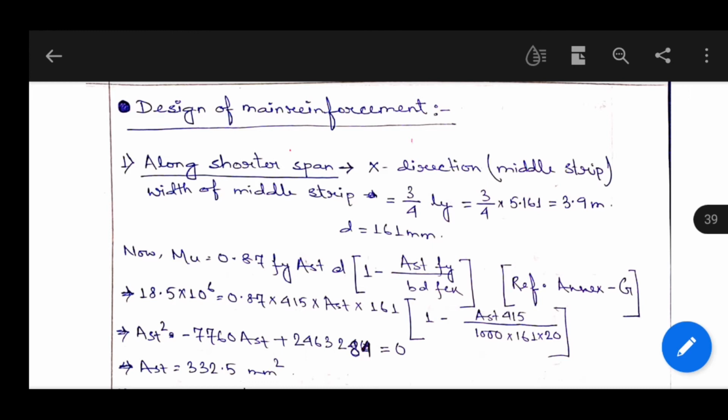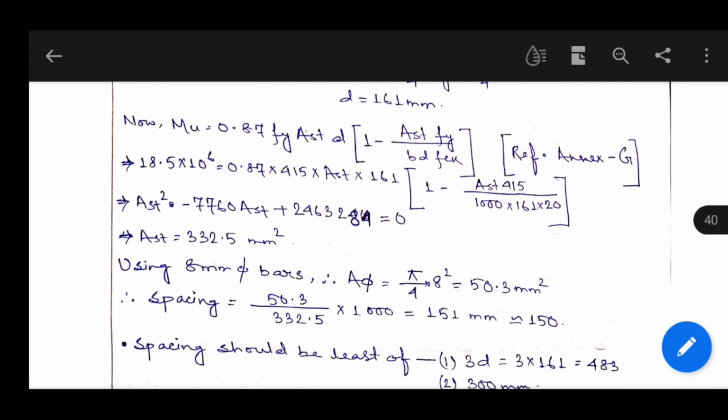From this equation we may find out the value of Ast. So the value of Ast, as per calculation, is 332.5 mm square.